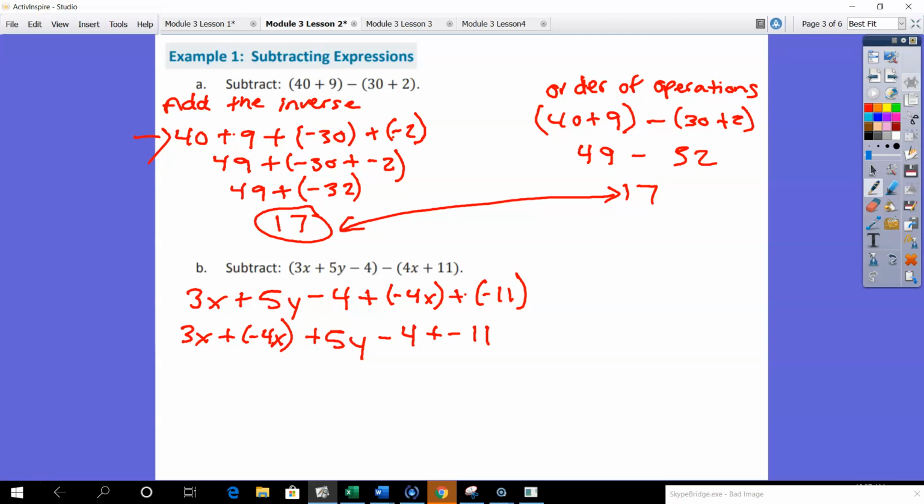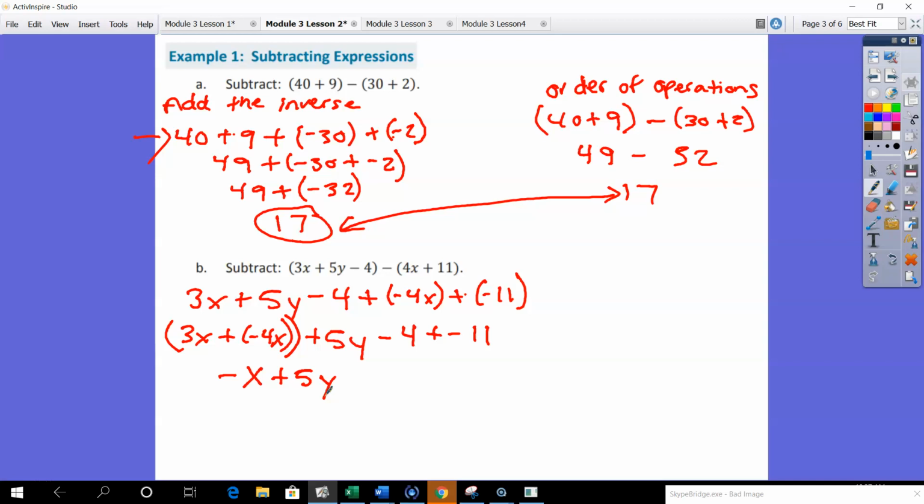So this is what I'm doing first. I'm just putting the parentheses around it so you see that it's what I'm doing first. Negative 4 and 3 is negative 1. I don't put the 1, I just put the x. Plus 5y, there's nothing to combine with that.